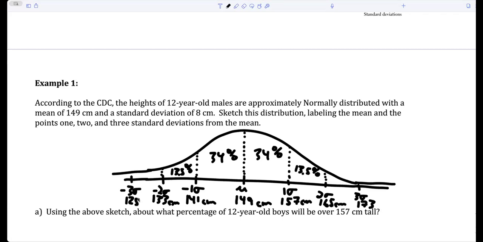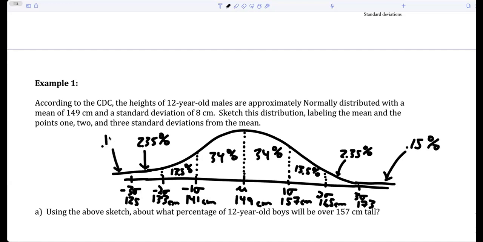And so this will make this right here 2.35%. And this 2.35. And then greater than 3 standard deviations, it's 99.7. So there's 0.3 outside of 3 standard deviations. And so that would be 0.15% greater than 3 standard deviations and 0.15% less than.